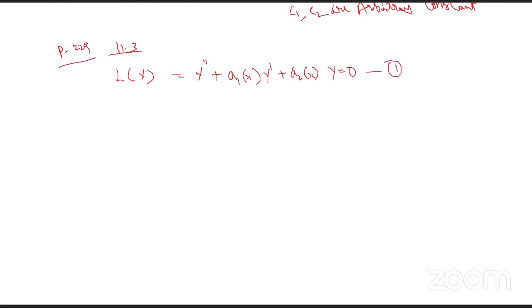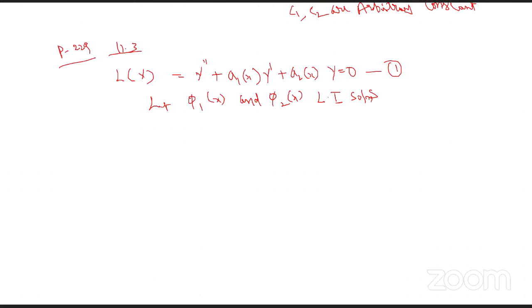Suppose two of its linear independent solutions phi 1 of x and phi 2 of x are to be found. Both are linear independent solutions. But there are no established methods available for finding phi 1 and phi 2.